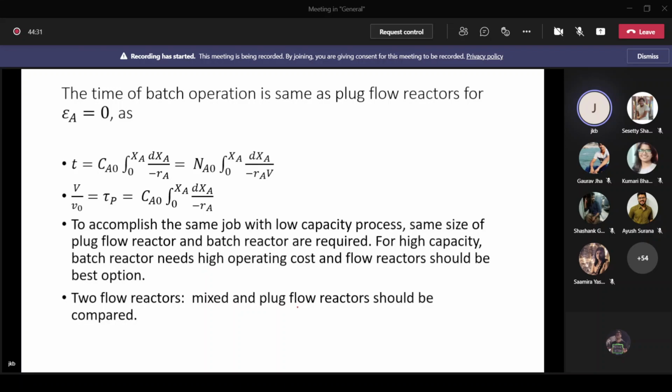You throw a question, you give a chemical reaction and mention you can use a flow reactor. Then how do you select whether it is mixed reactor or plug flow reactor to be used?